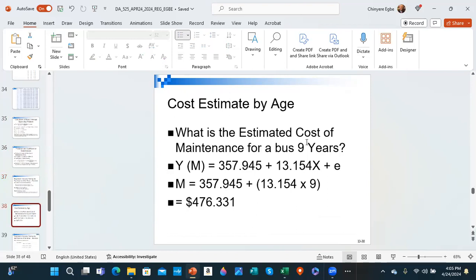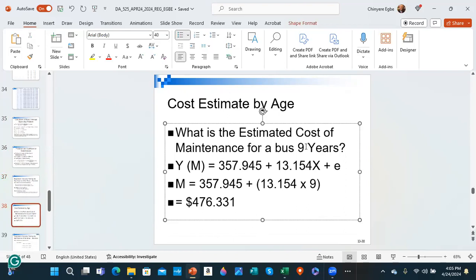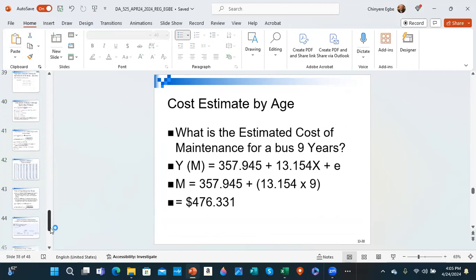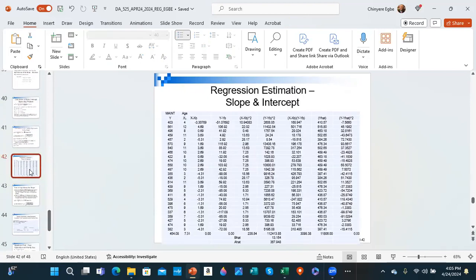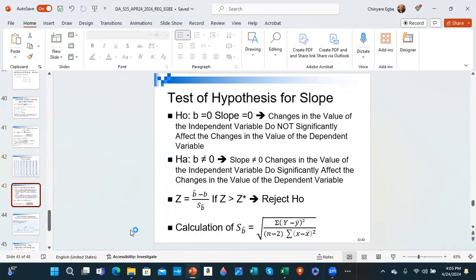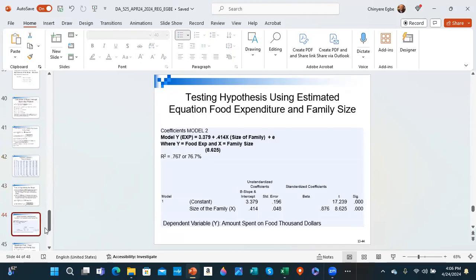What is the cost of maintaining a bus that is 9 years old? You see that it is 476. I have several examples here for you to look at when I post this, and the process of testing hypotheses for each of those examples.